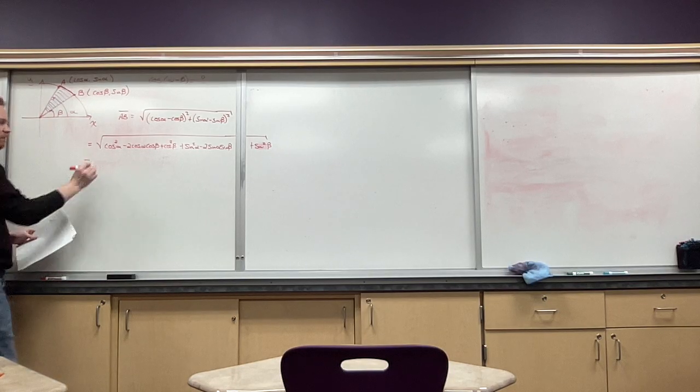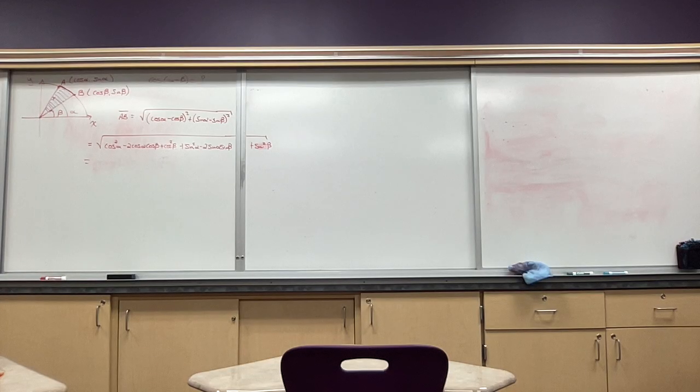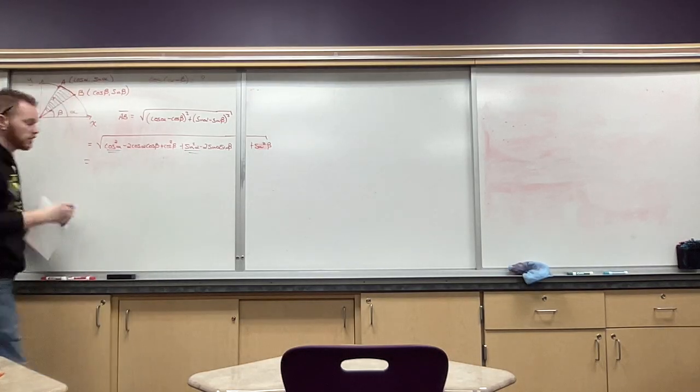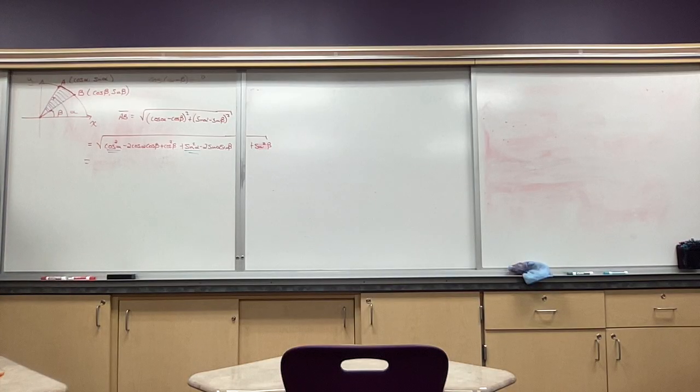Now, this is a big mess. There's a lot going on here. So my goal is to see if I can clean some of it up and possibly use some identities, and that might actually help us out here. Let's look at the first part. We have a cosine squared and a sine squared. So what is cosine squared plus sine squared? What's the identity that goes with 1?